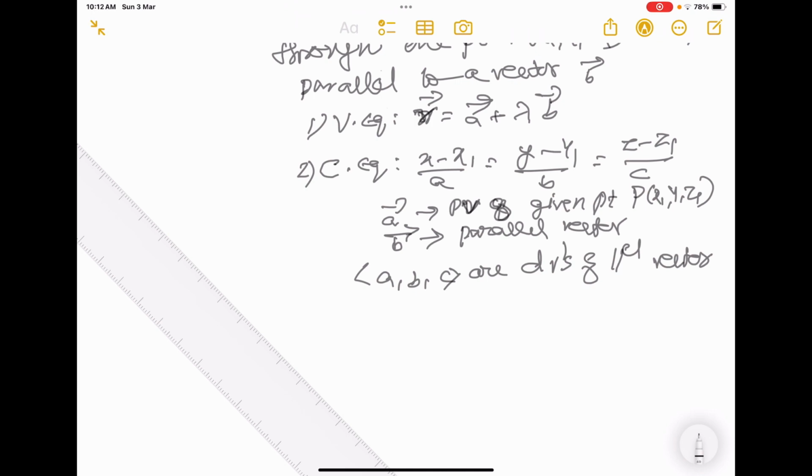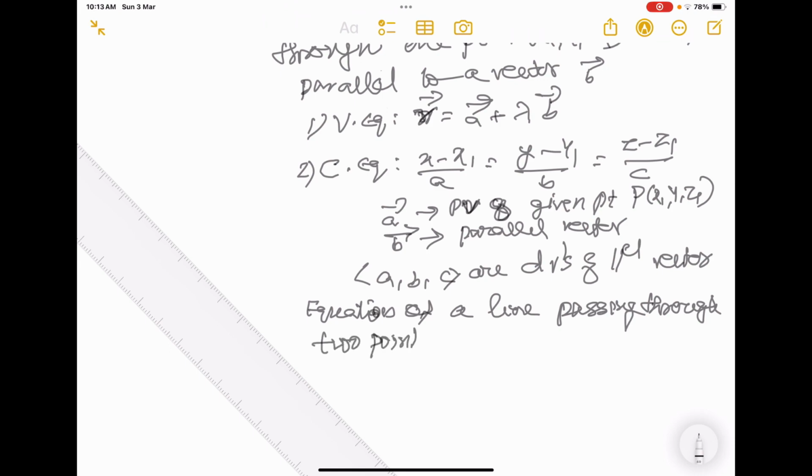the equation of a line passing through two points P(x1, y1, z1) and Q(x2, y2, z2).